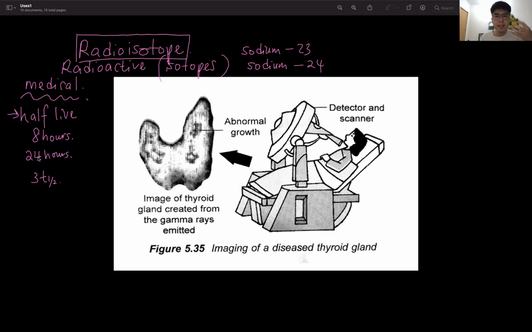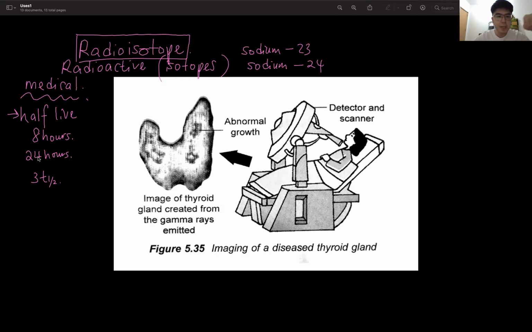The reason is that when you swallow it, the radioactive substance follows the digestive tract, and it can give out gamma rays, which can penetrate through your body. Then they use a detector outside to scan and create an image of your organs.